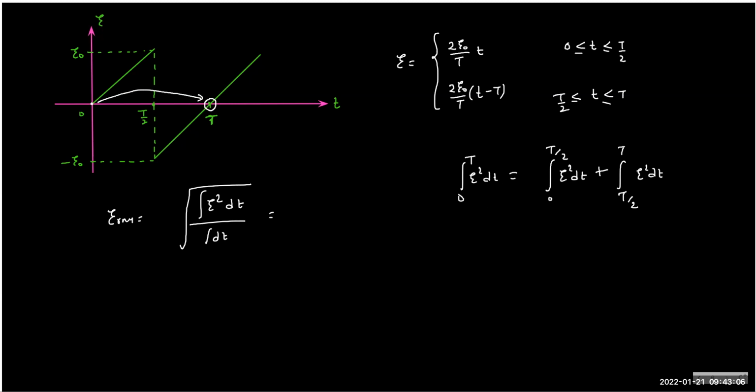So e square dt from 0 to T we can write like this. And for the first interval, we know the e value is, in fact, this is the same coefficient, so I'm just taking it common. And the next I will be writing.